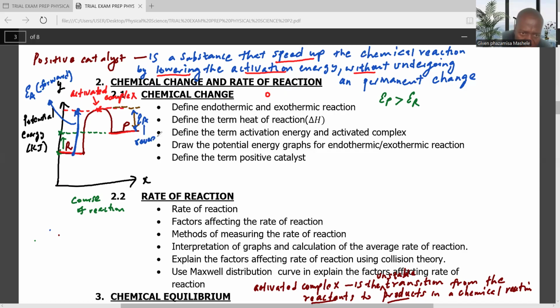So we have an activation energy for the reverse, and we have an activation energy for the forward. Then the gap between the reactants and products is the heat of reaction, which is the energy of the products minus the energy of the reactants.